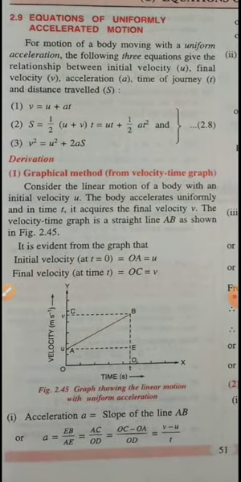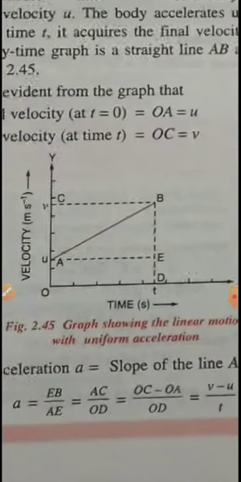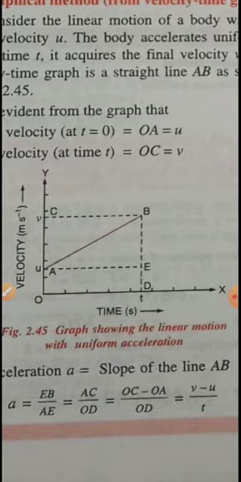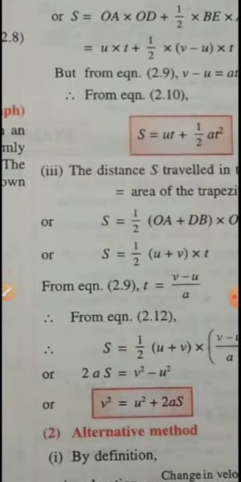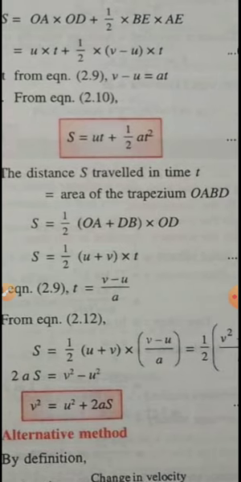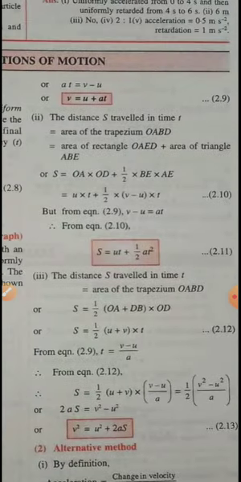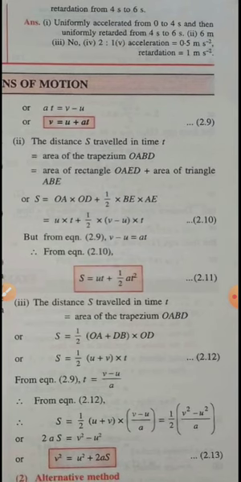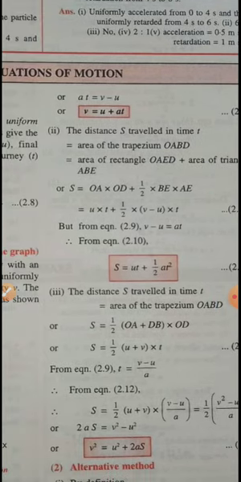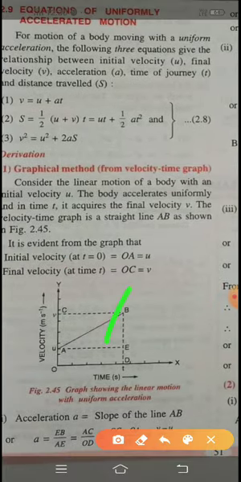OD is your time taken, and OA is your u value. So first I got this for my rectangle. Next one is for my area of triangle. The total height is nothing but v minus u, into t. You are able to follow?